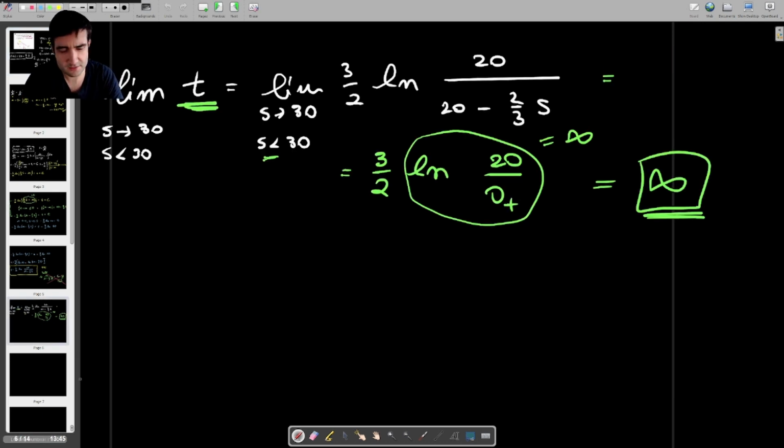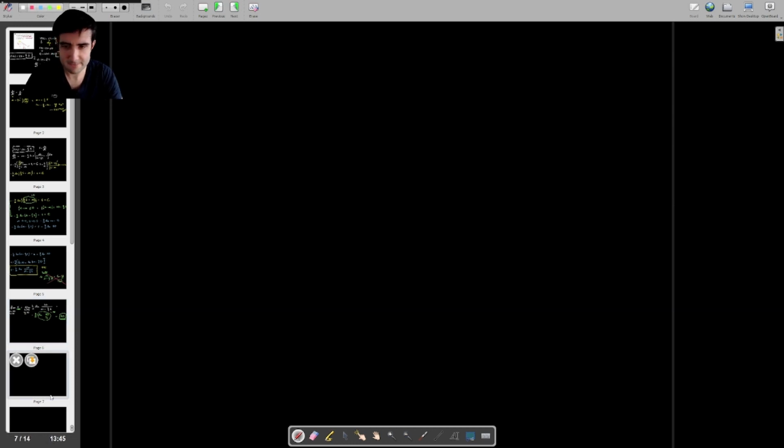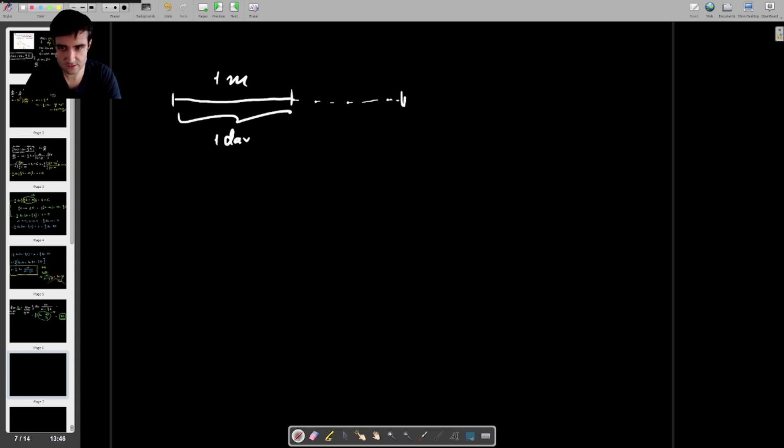This is similar to that other problem, which is completely unrelated to physics, but is related to a snail, which moves, let's say, in the first day, 1 meter, and it's essentially trying to reach its goal, which is 2 meters away. In the second day, it moves half a meter.